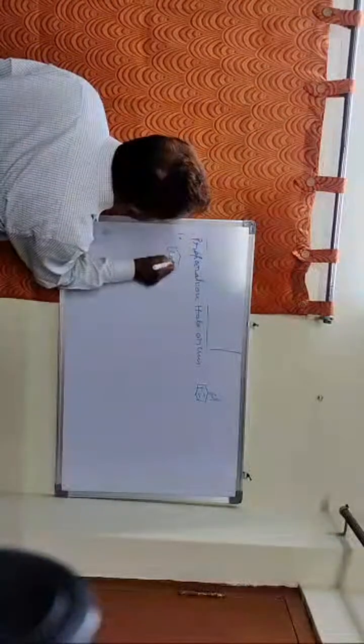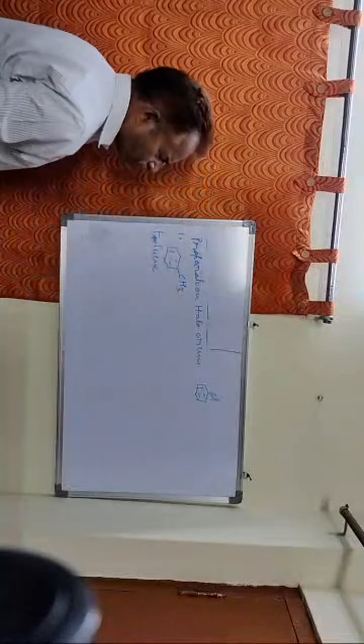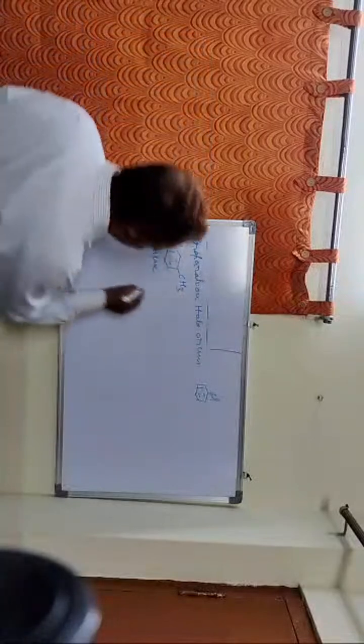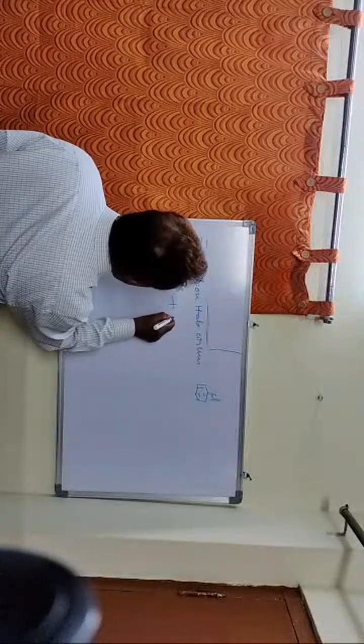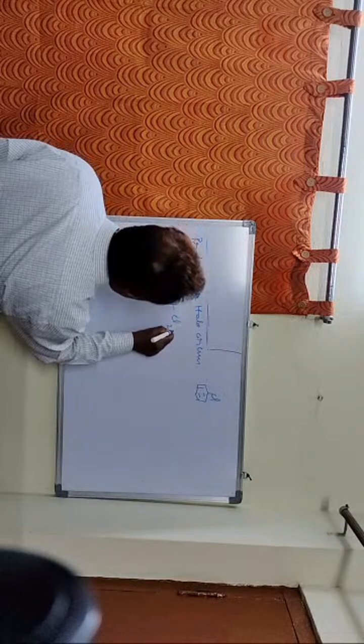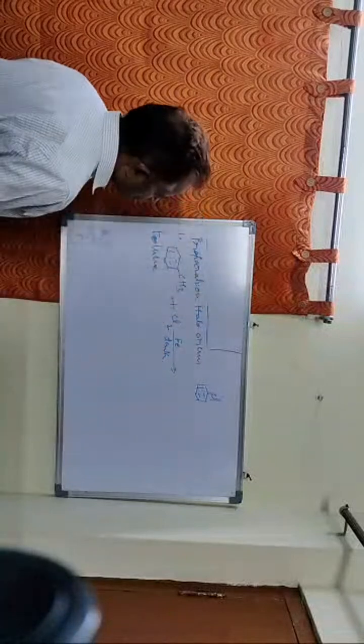Here, what is this substance? Toluene. This substance is toluene or methyl benzene. So this, in the presence of chlorine, Cl2, in the presence of iron and of course dark, what do we get here?